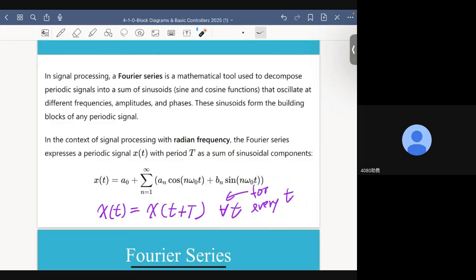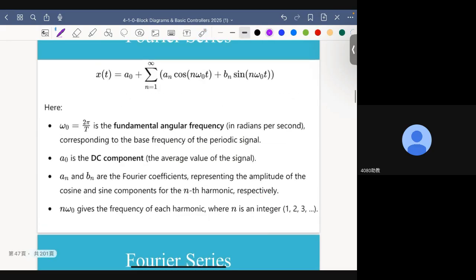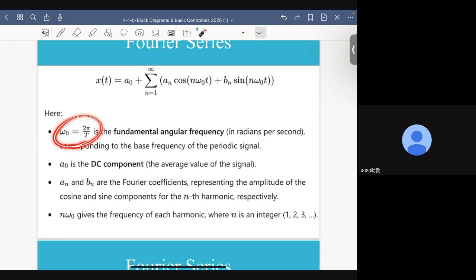Now, if this is the case, let's say capital T is the period, then here omega 0, which is defined as 2 pi over T, is what we call the fundamental frequency. Usually we ignore the term angular. It is the fundamental frequency of this periodical signal, all right? Keep that in mind, fundamental frequency.